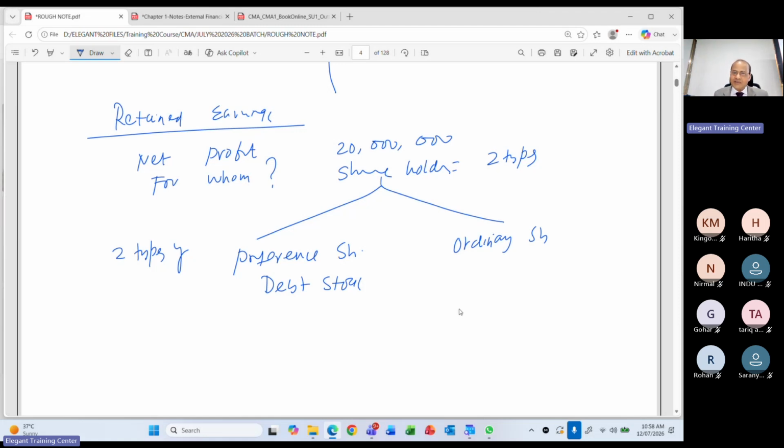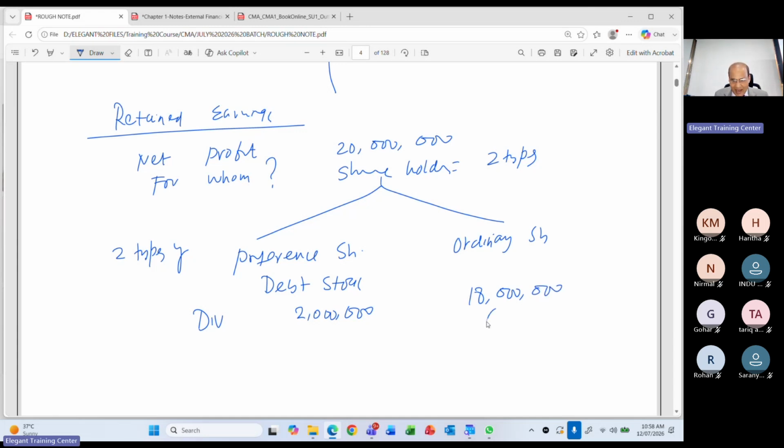Now, ordinary shares. Suppose the dividend for preference shares is 2 million. So how much for ordinary? 18 million is for the ordinary shareholders.